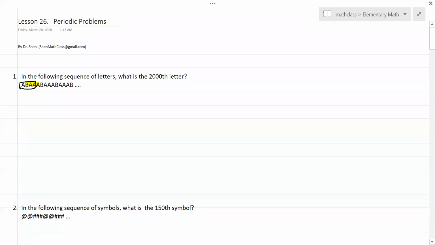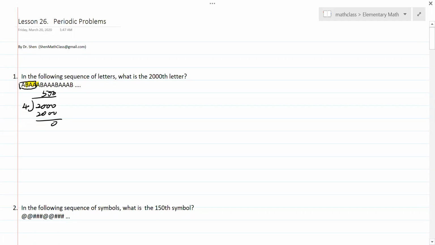If you circle ABAA, then you see this block shows up periodically. All you have to do is see how many blocks of 4 letters are in the sequence. 2000 divided by 4 gives you 500.